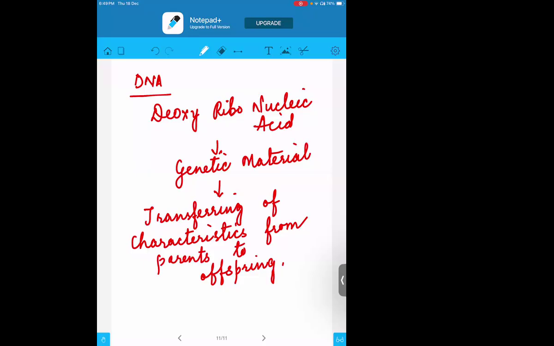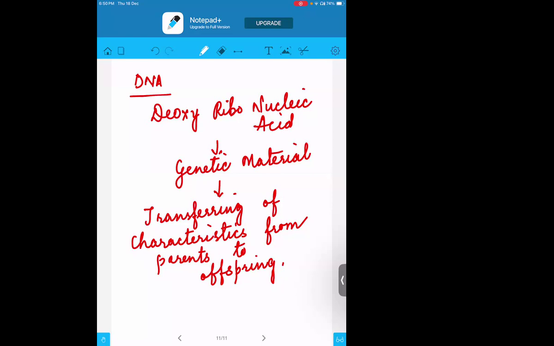From your parents' body, that DNA has been copied and passed to your body. That is why your face might be similar to your mother or your father. You might know it better, right? In my case, I'm very similar to my mother, maybe. So it is the DNA which gives the transferring of characteristics from the parents to the offspring.